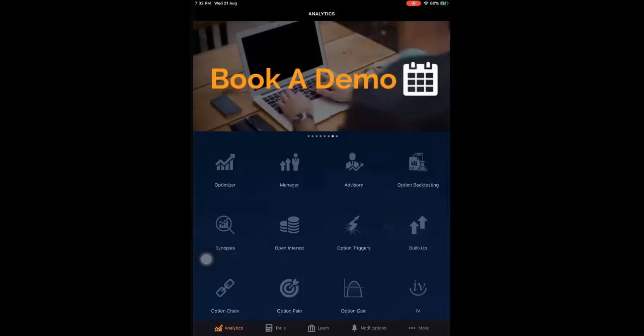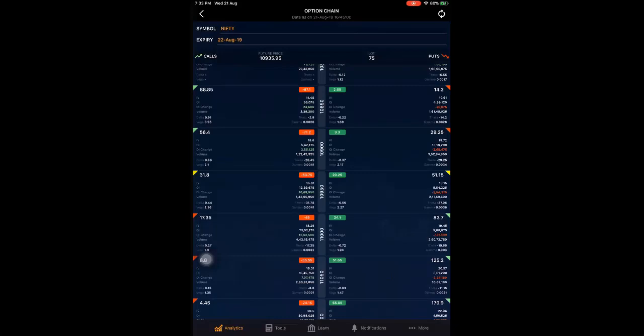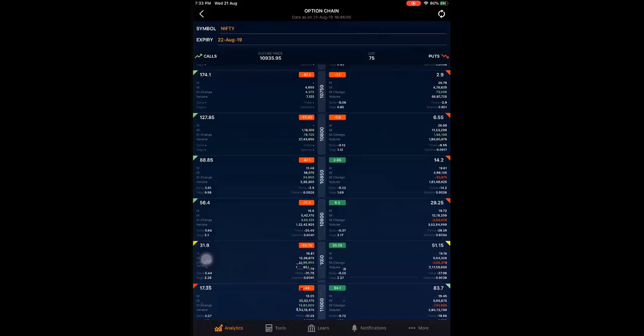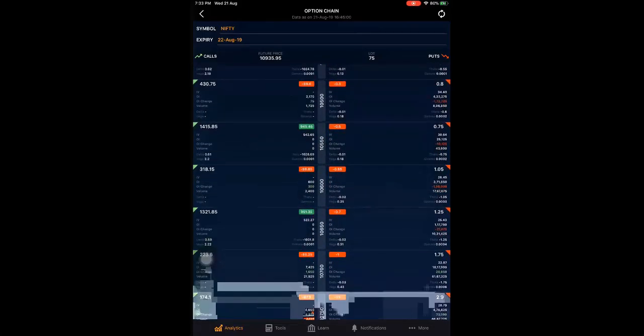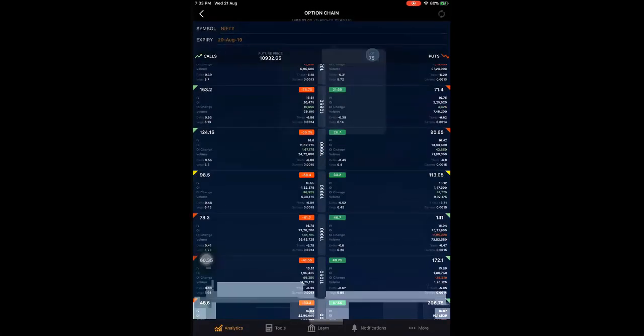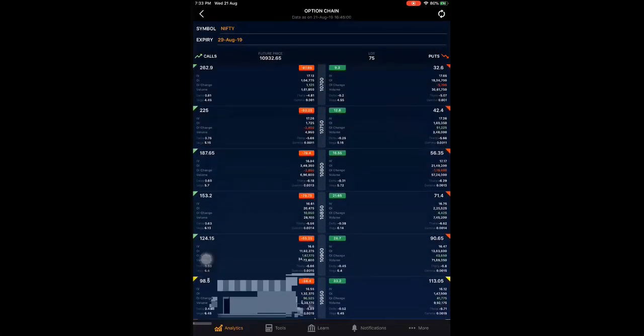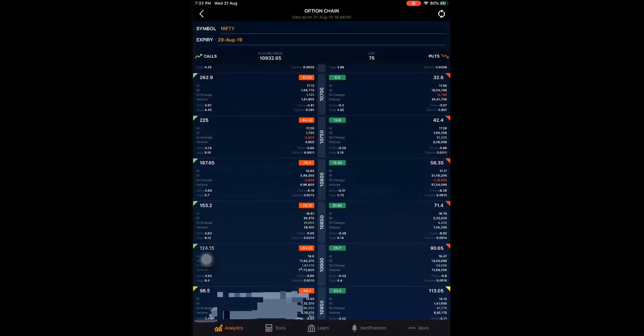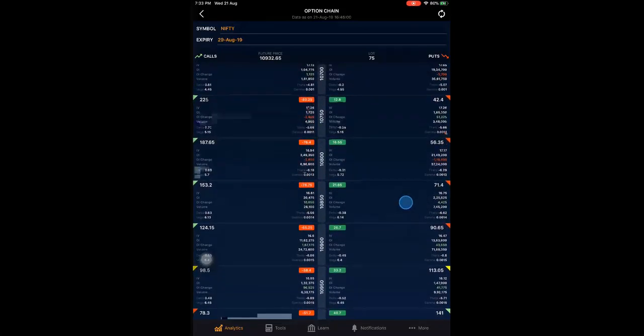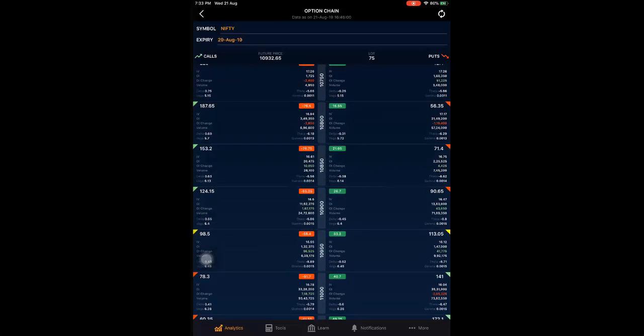Then you have the option chain. The option chain is again a free tool. It gives you the complete synopsis, strike-wise detail at one place. When I look at, say, the monthly expiry, by default, the green means in-the-money option, the red triangle means out-of-the-money option, and the yellow means at-the-money option.